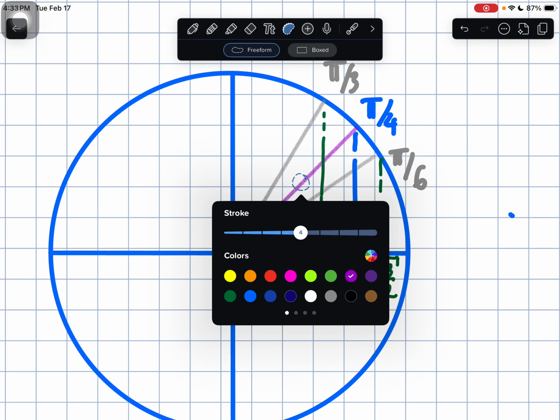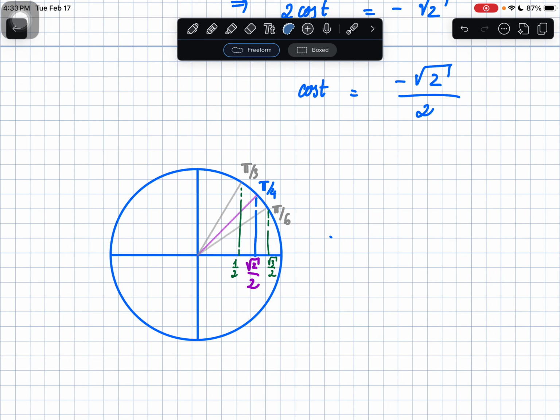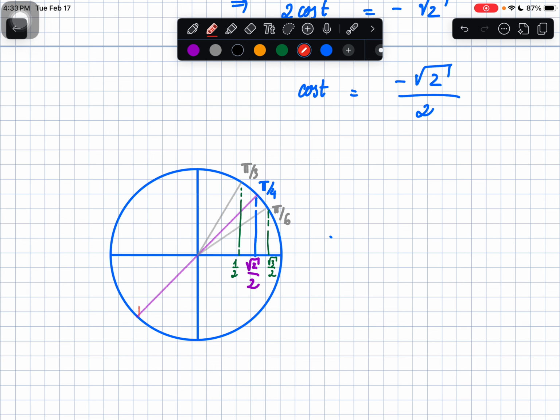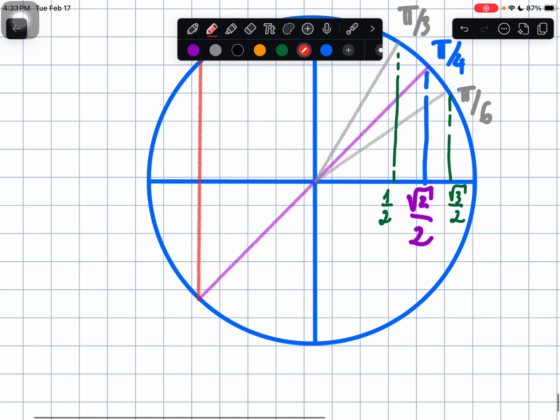So now let me extend it to the negative side, because we are working with negatives. Root 2 over 2. So here are two angles for which cosine is minus root 2 over 2.